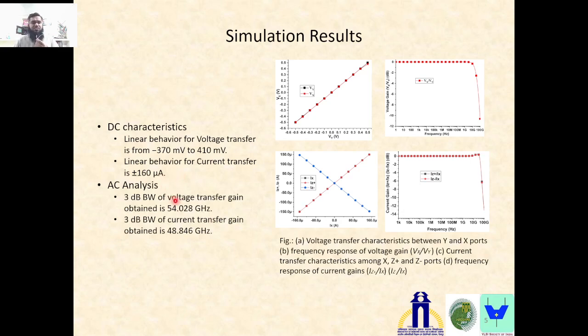In AC analysis, the 3 dB bandwidth for voltage transfer gain obtained is 54.028 gigahertz, while the 3 dB bandwidth for current transfer gain is 48.846 gigahertz.